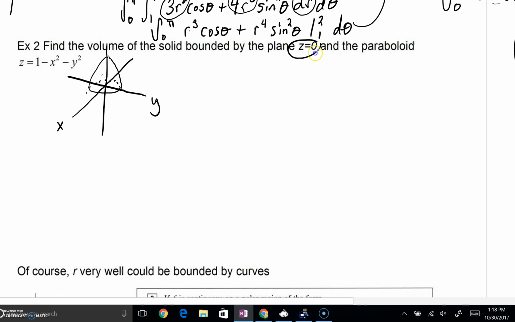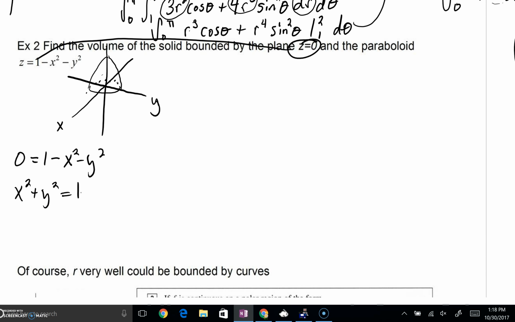Well, see, look, if you had z equals 0, you quickly could see that you would be able to get an equation of a curve when z equals 0. And guess what that would be? That would be the equation of a circle.